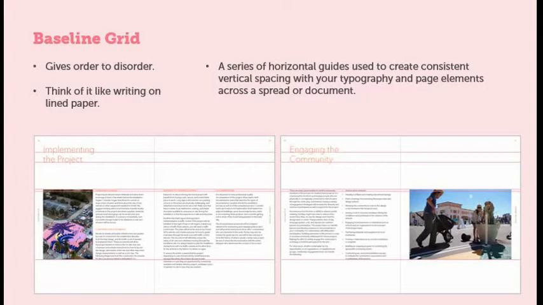But you can kind of see how, if you squint, not only are the headlines obviously hitting at the same baselines from page to page, but the little orange subheadlines are hitting at the same place.